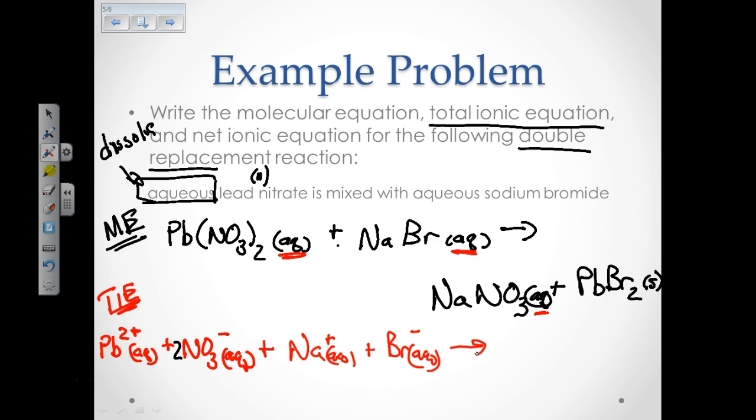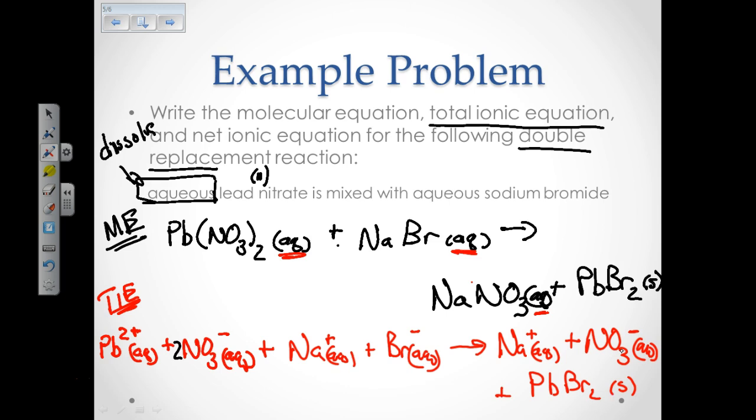It reacts to form, in a double replacement reaction, and this product is aqueous, so even it splits up: Na+ aqueous plus NO3- aqueous, plus PbBr2 solid. That's the total ionic equation. We wrote all the independent ions and what they're doing.